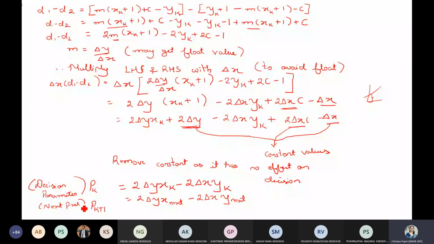To know how much your decision parameter should change every time, we are going to calculate P next minus PK.